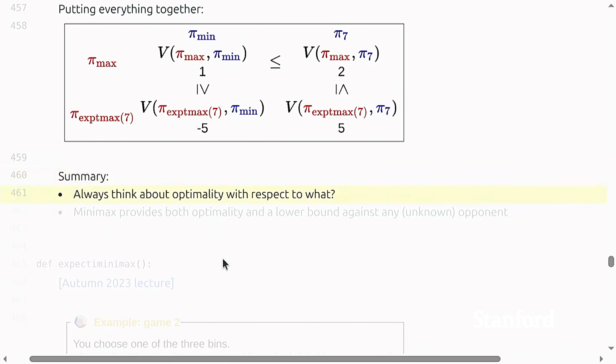Okay, so let's summarize. When you think about optimality, you should be very careful about what you're optimal with respect to. Minimax provides 2 interpretations. One is that it is the optimal policy against π min, the worst possible opponent. However, another way to think about it is a lower bound against any unknown opponent.